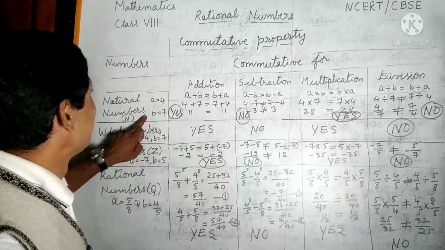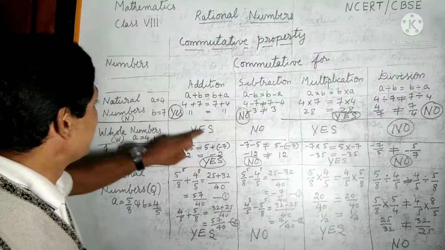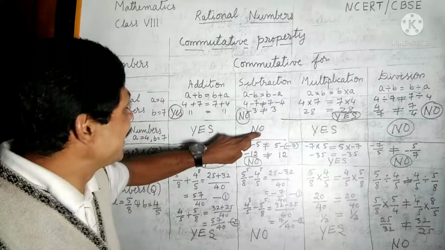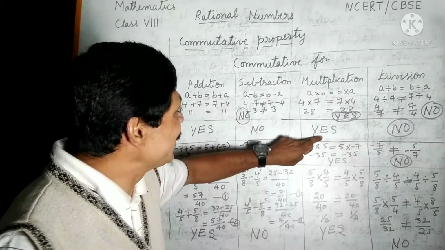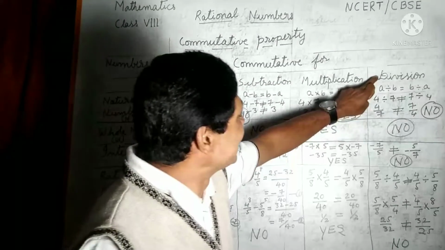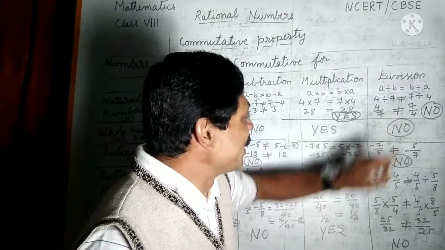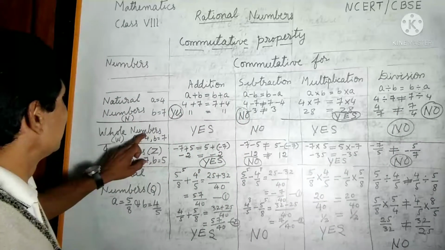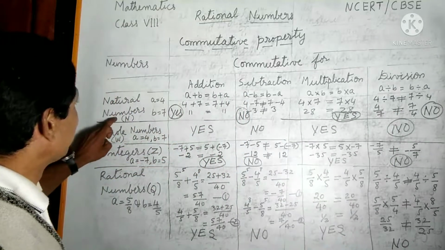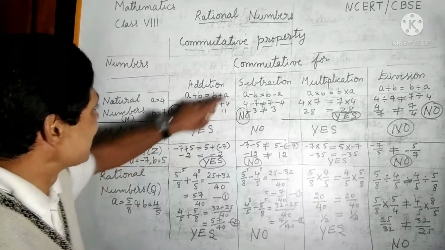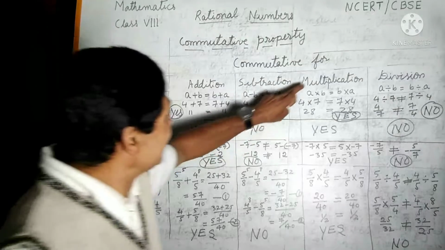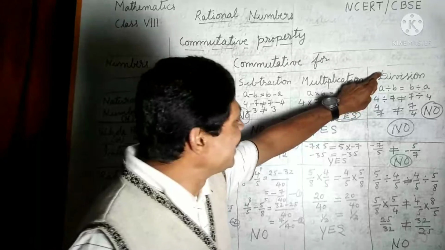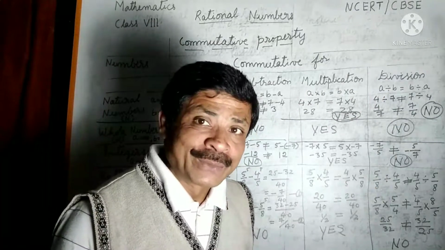Natural numbers a and b: addition is commutative, subtraction is not commutative, multiplication is commutative, and division is not commutative. Whole numbers, similar to natural numbers: addition is commutative, subtraction is not commutative, multiplication is commutative, and division is not commutative.